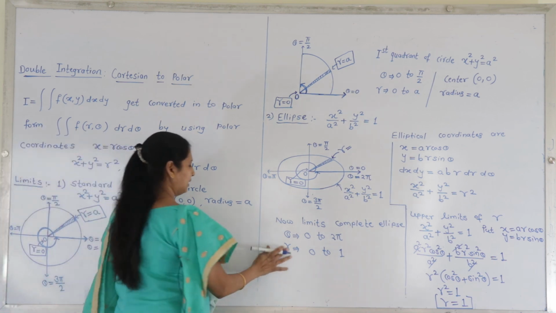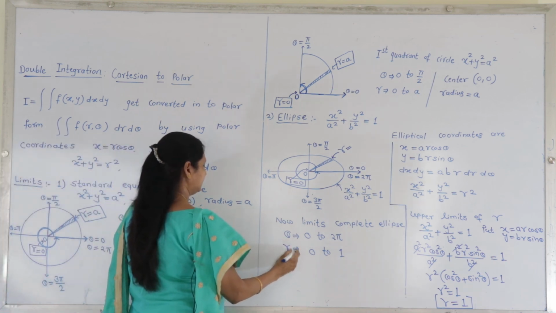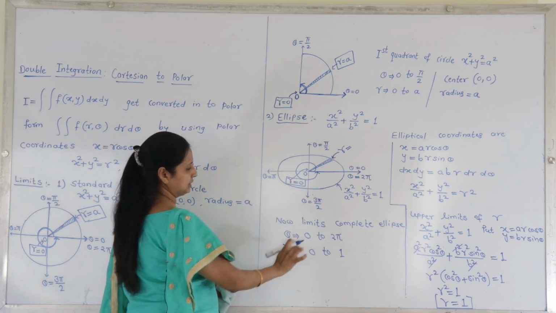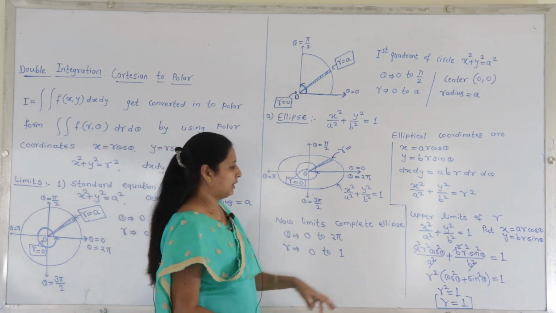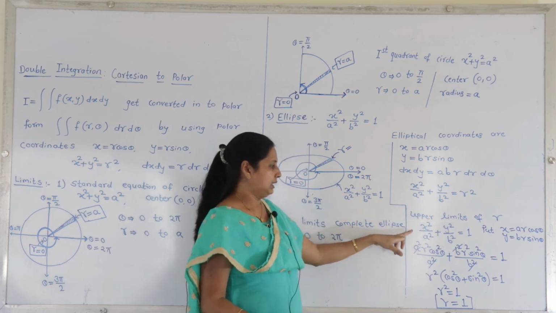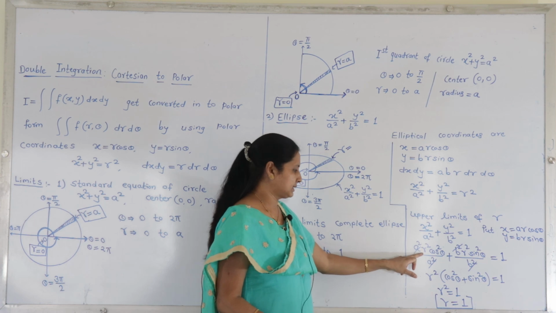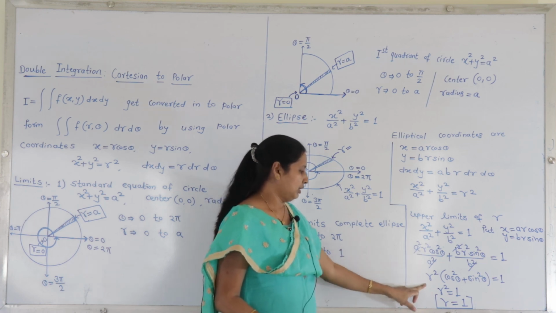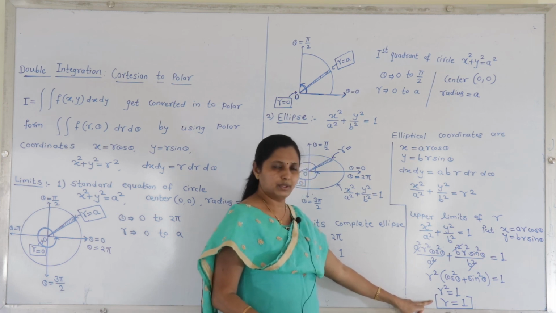The lower limit of r means the end point of the strip, where the value of r is equal to 0. For the upper limit of r, in the equation of the ellipse we put the elliptical coordinates, and then if we solve, we get r is equal to 1.